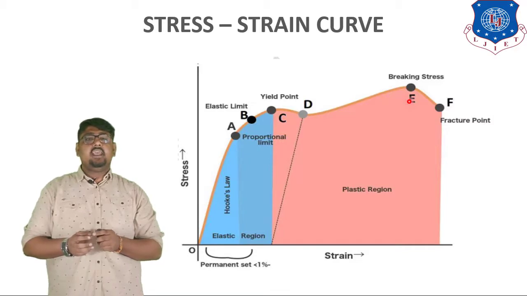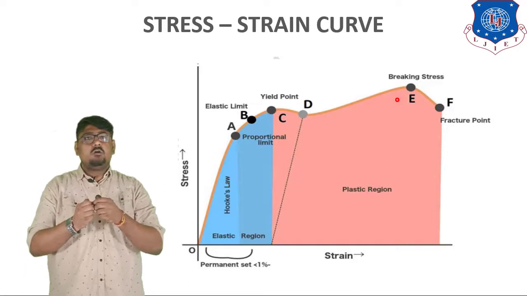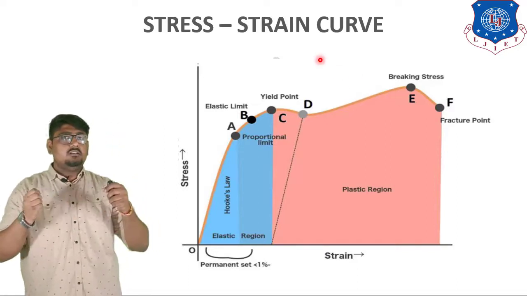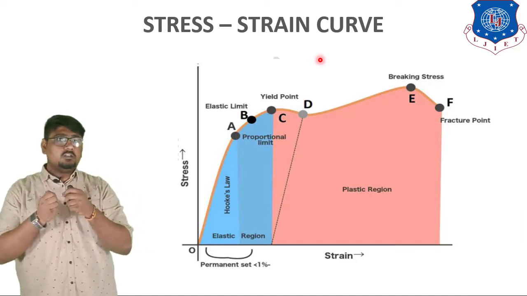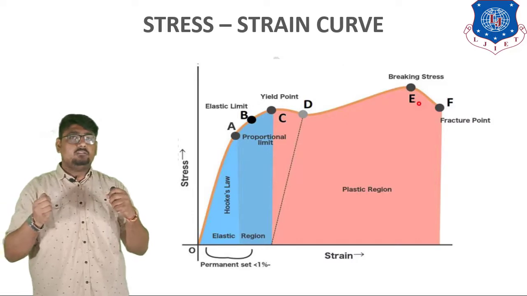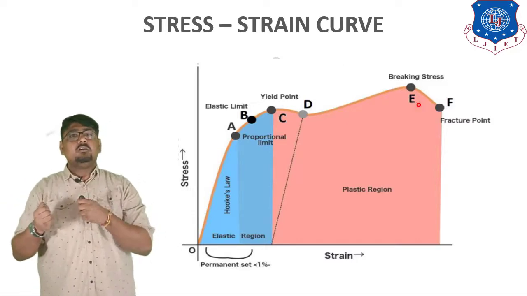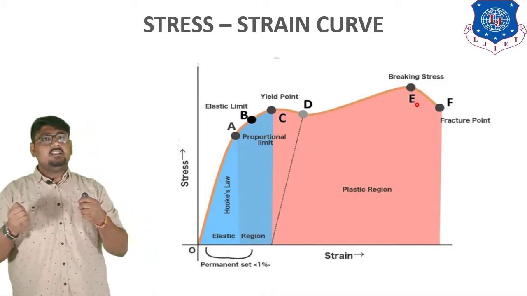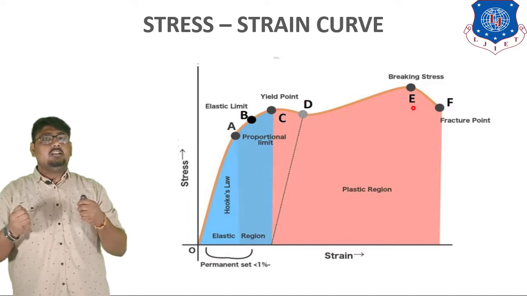This is called neck formation, because if you stretch an elastic object, after certain stretching you can see the cross-sectional reduction is rapid. At that time you have applied the maximum stress, and because of that, the reduction in the cross-sectional area becomes very rapid. That phenomenon is known as neck formation.